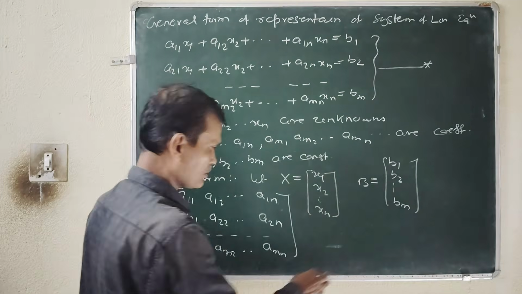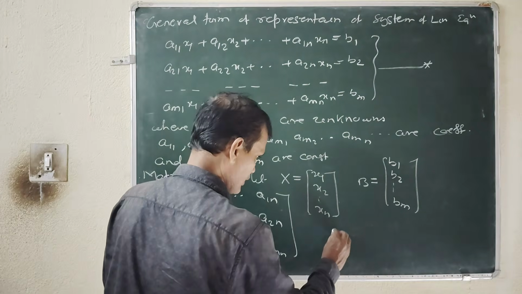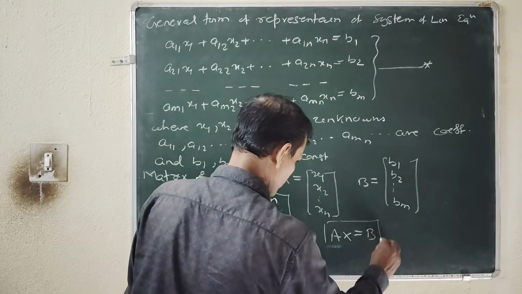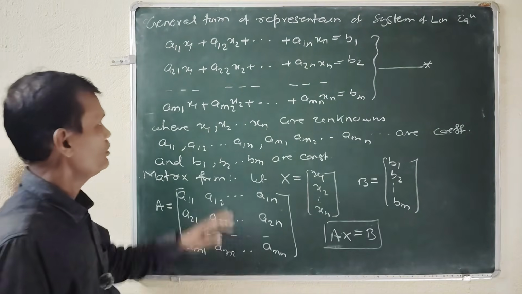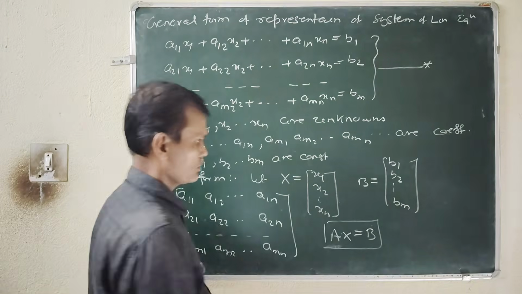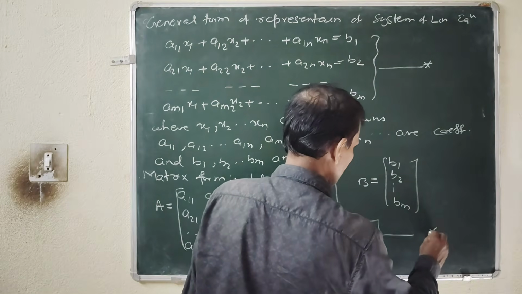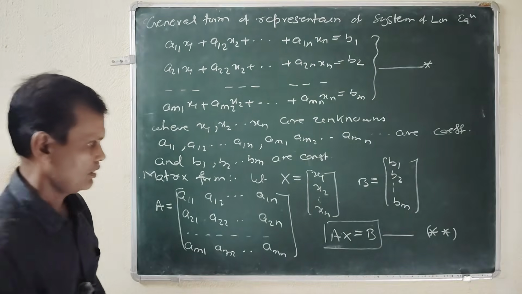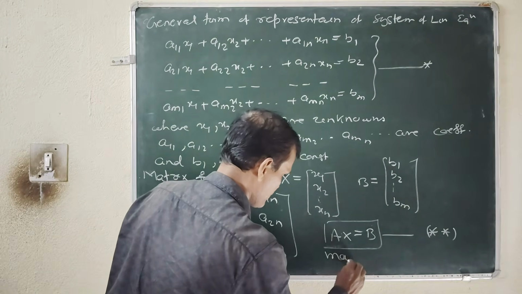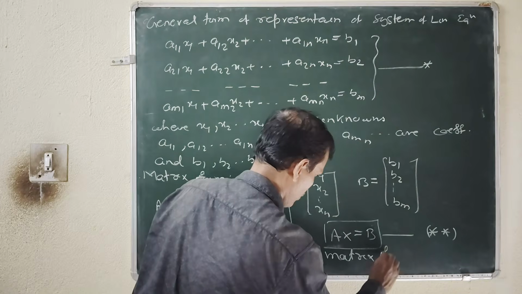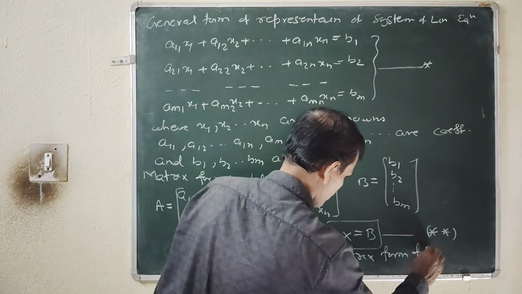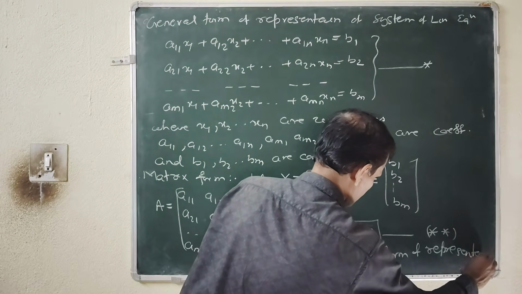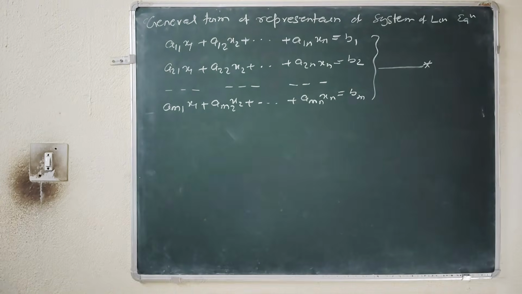If we consider these three together and write them as AX is equal to B, this is called the matrix representation of the system of equations. So AX equals B is the matrix form of representation.